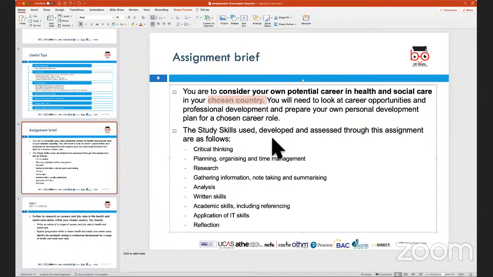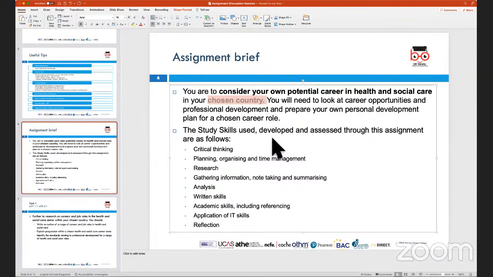So if I'm based in Dubai, or in the UK, in Ghana, in Nigeria, or elsewhere in Pakistan, I would need to understand what career I'm going to undertake within the health and social care sector within a chosen country.